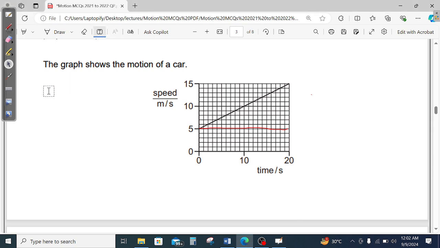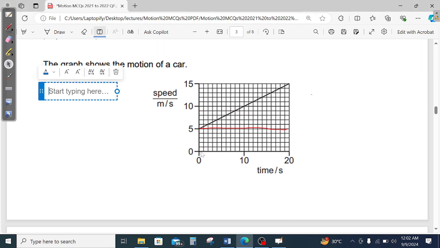Look at the solution. To find the area of the rectangle, length is 20, width is 5, so 5 multiplied by 20. Plus, in case of the triangle you have to use 1 by 2, length is 20, again multiplied by width, which starts from 5 and ends at 15.